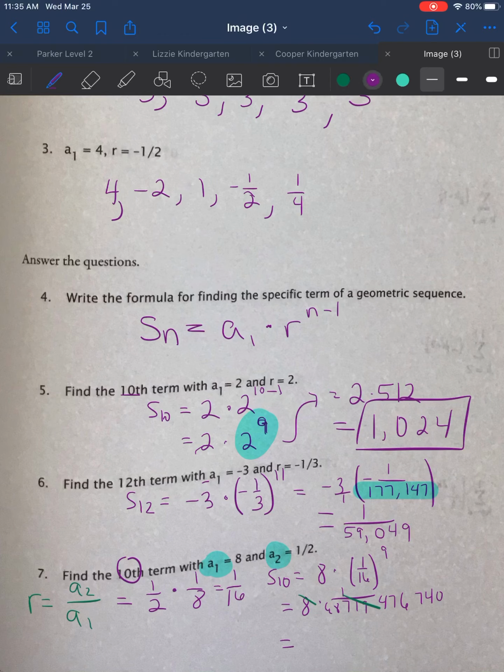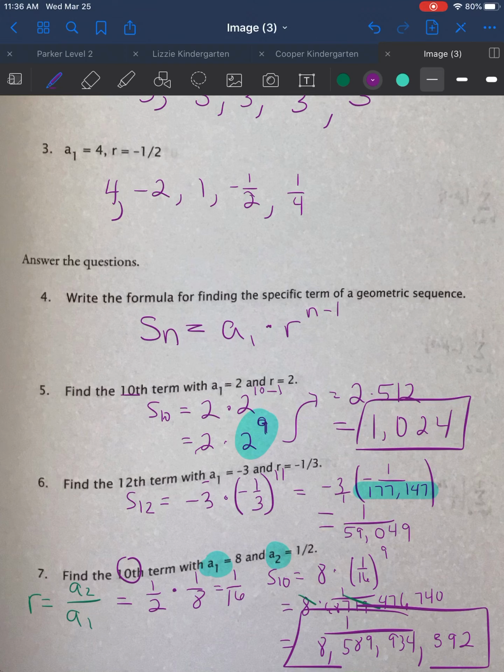So our final answer will be 1 over that 68 trillion number. We're now settling down to just a mere 1 over 8 trillion, 589 million, just kidding, 934,592. That is basically 0, y'all.